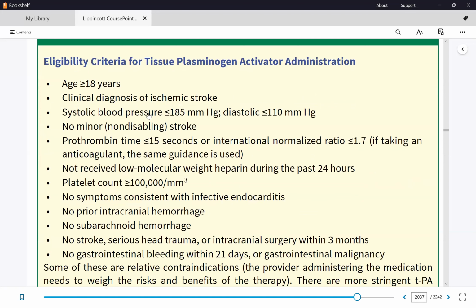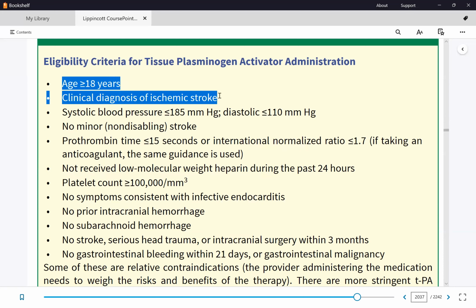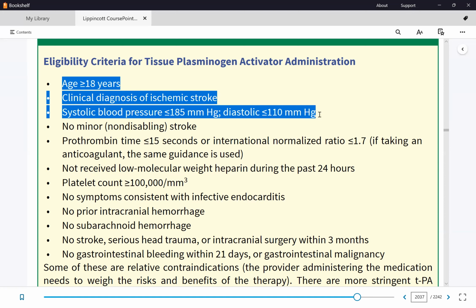Here are the criteria. Meaning if you have these, then you can get alteplase. Over 18 years, we established that it is ischemic. Blood pressure is less than or equal to 185/110.